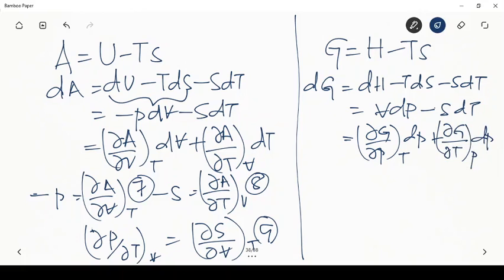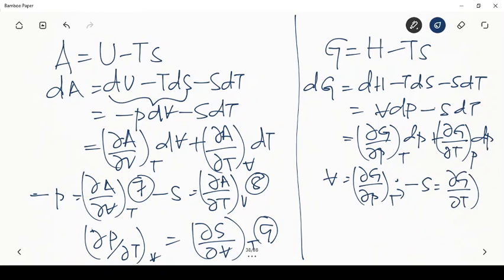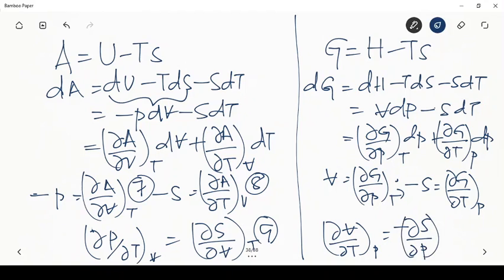Now you can compare the terms and write V is equal to del G by del P at constant T, and minus S is equal to del G by del T at constant P. And now using the cross derivatives, del V by del T at constant P is equal to minus del S by del P at constant T. So these are equation numbers 10, 11 and 12.